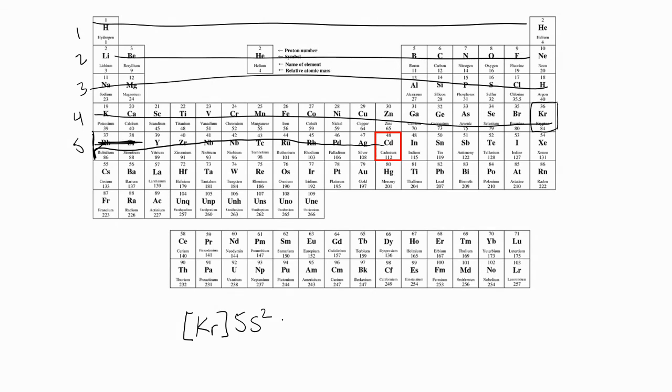So 4d is what we're going to write. And you can see that we're on 4d, 1, 2, 3, 4, 5, 6, 7, 8, 9, 10, 4d10. You also could have figured that out because it's the last one in the d block, so you know it has to be 10 because that's how many the d block can hold. And that's it for cadmium.